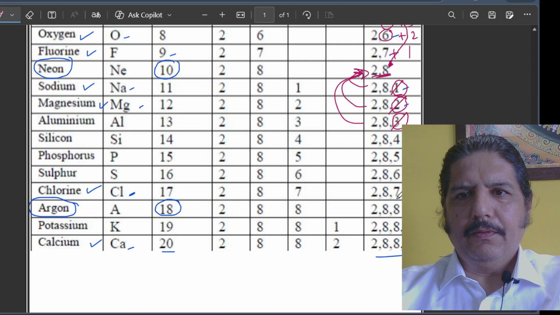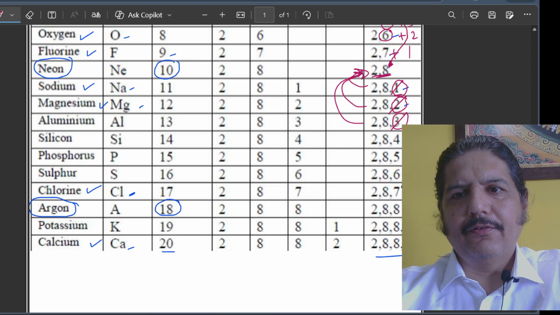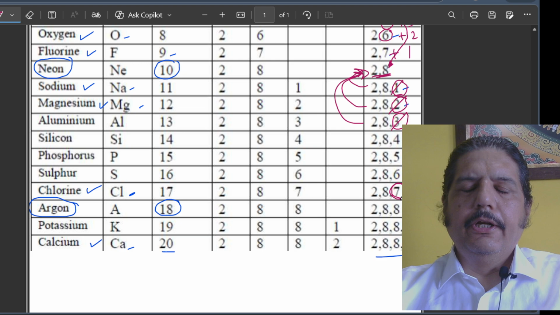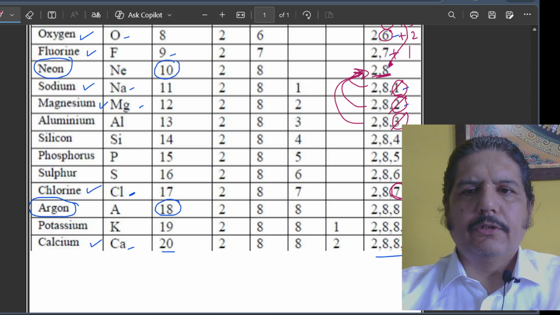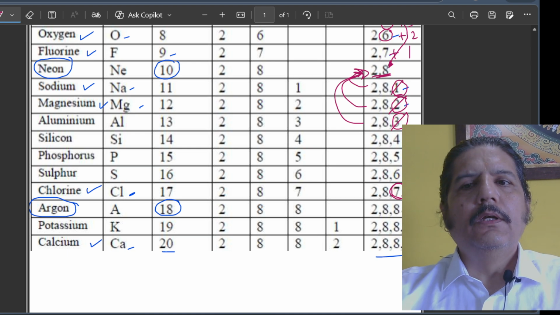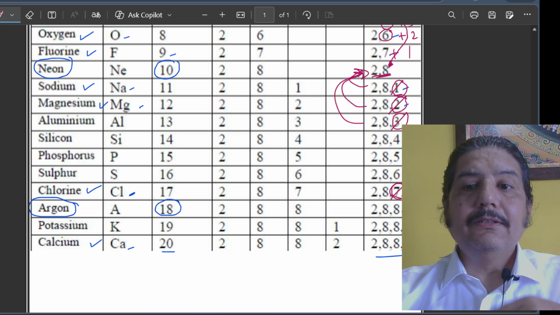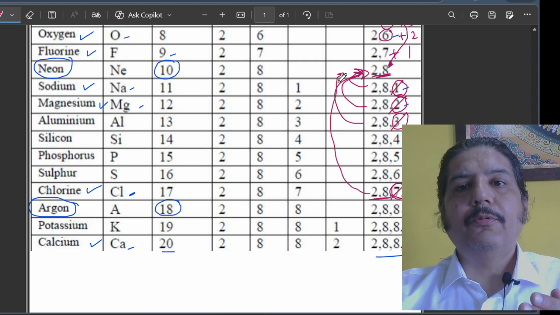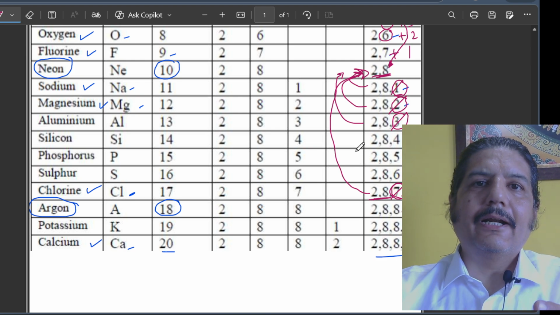Similarly, if we come on this side, so for example, chlorine, 2, 8, 7. Now, see, the logical thing for chlorine to do is get one more electron so that it becomes 2, 8, 8. Because losing 7 electrons and becoming something like neon would be very difficult. So losing 7 electrons is very difficult.